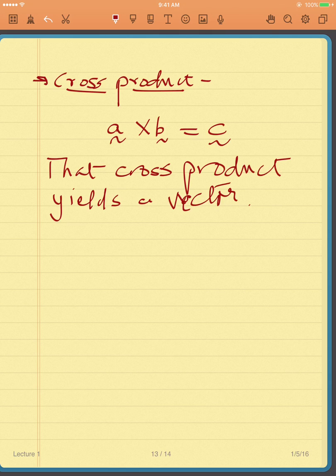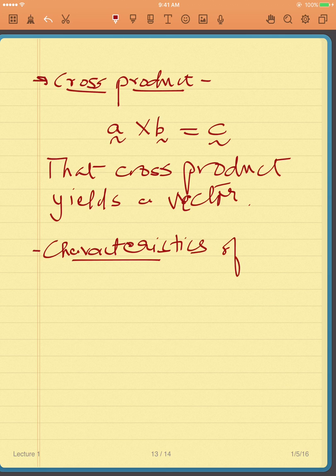And that vector in this case was the vector C. Some characteristics of the resulting vector C. Let's rewrite that clearly. I put a little dot there that I shouldn't have. So characteristics of C are as follows.